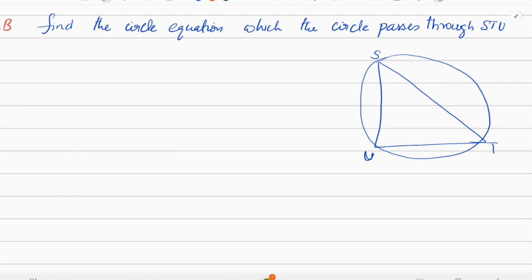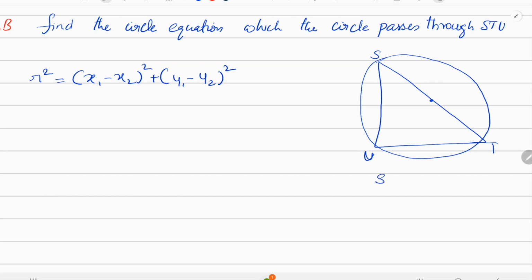So to find the equation, R square equals x1 minus x2 the whole square plus y1 minus y2 the whole square. We know ST is the diameter. We need to find the center point.